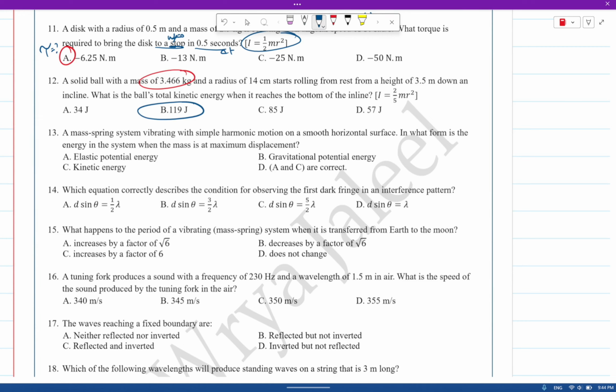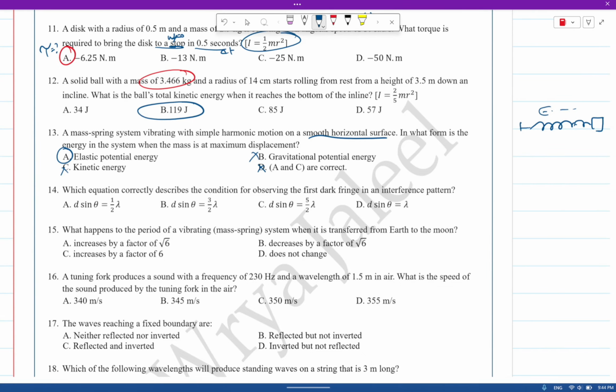Remember, it tells you a smooth horizontal surface. So here is the mass, let's say. At the maximum displacement here, of course, there is a spring stretch, so there is elastic potential energy. Because there's no motion here, the energy of the system is elastic potential energy. Is it gravitational? No. Is it kinetic energy? No, because it's not moving yet, or it's not released here, so it cannot be D as well.